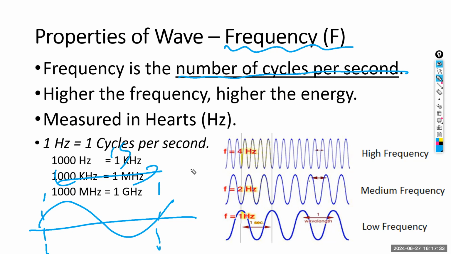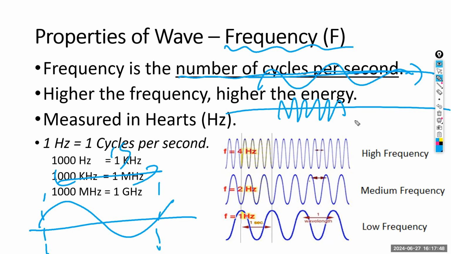If 1000 cycles per second, it is 1000 hertz. If half a cycle per second, it is half hertz. Usually this is high frequency, this is low frequency, if you refer to this as time, because you can see more number of cycles in a unit time.